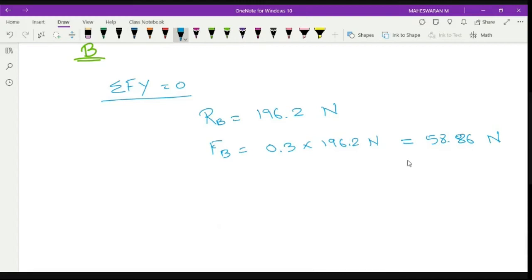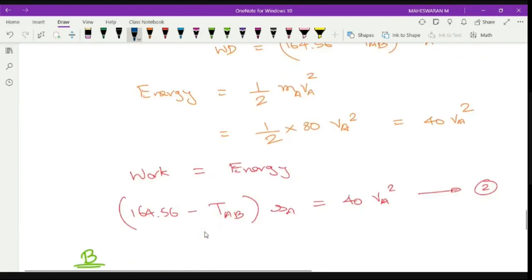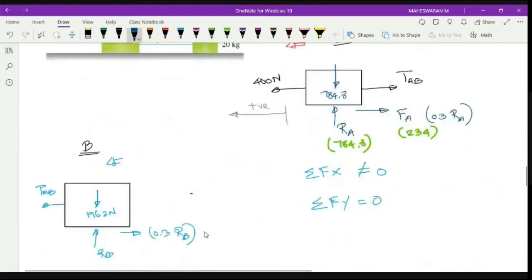So both are here known. Now I can say that sigma Fx is not equal to 0, so let us identify what is sigma Fx. Again, the direction. Towards left is positive, similar to here, because your object is moving along this direction. So this is positive. So TAB minus this FB.